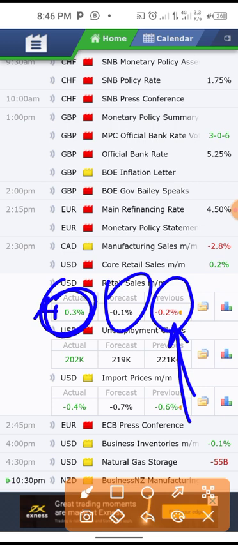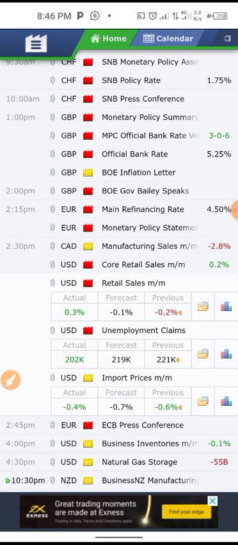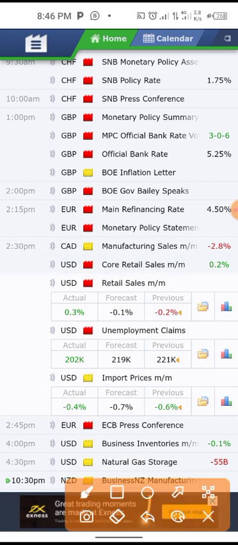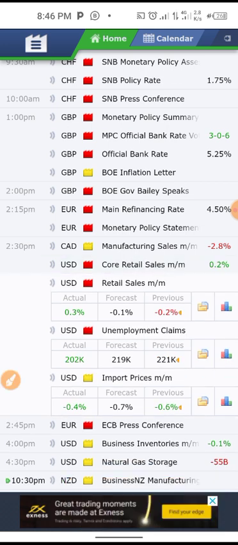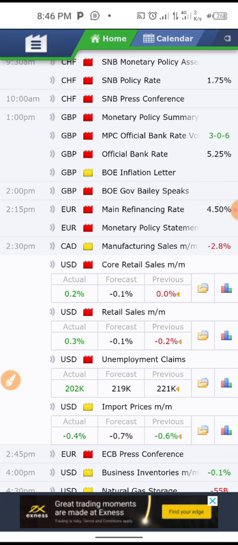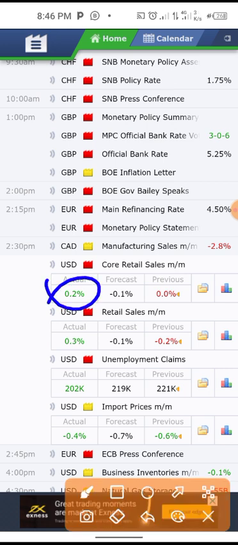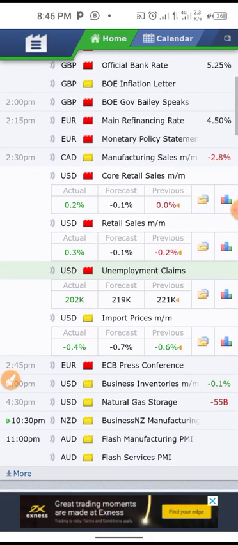So that is positive news. If we check this other one, it's the same: positive, plus 0.2 is the actual, and the previous is 0.0. So you see that these news are positive.